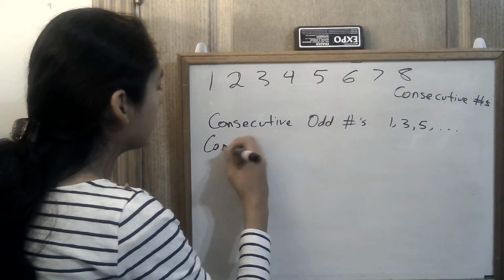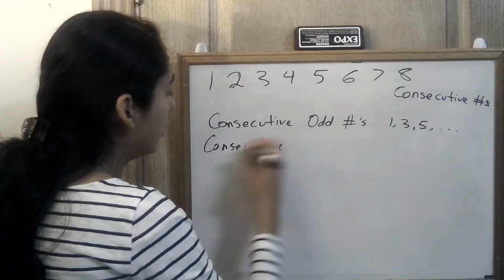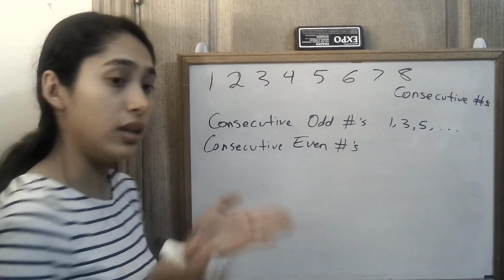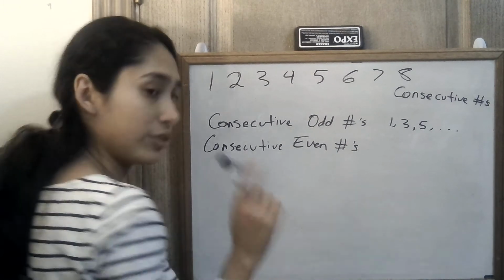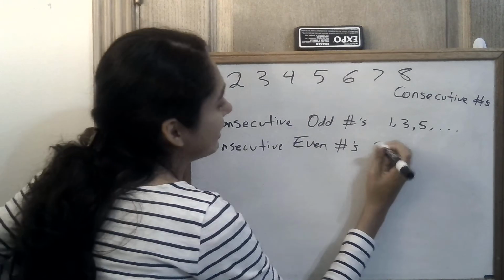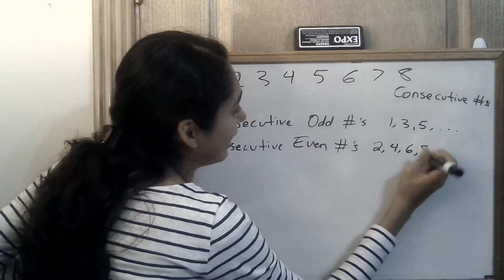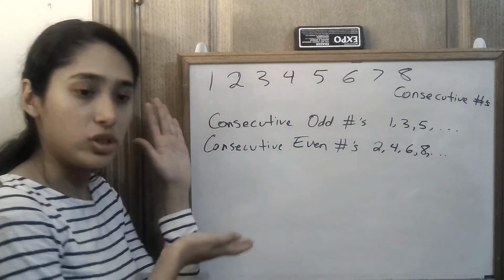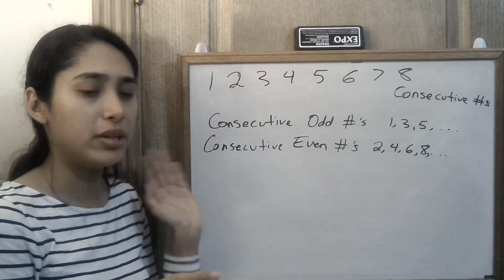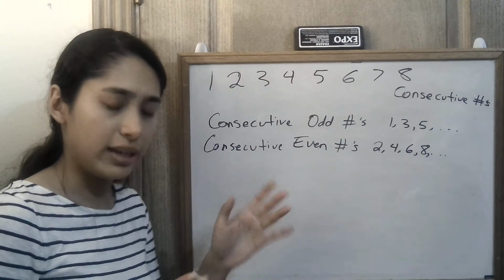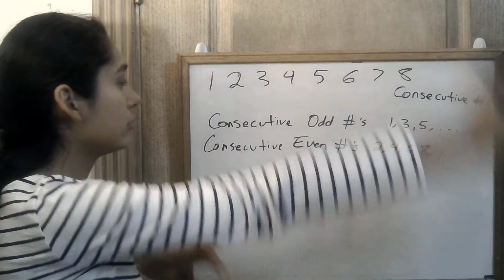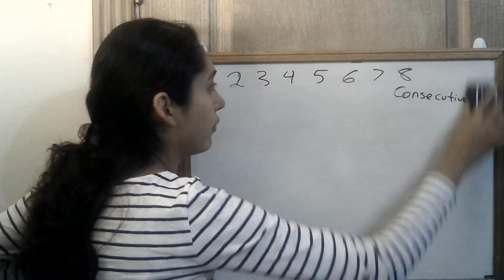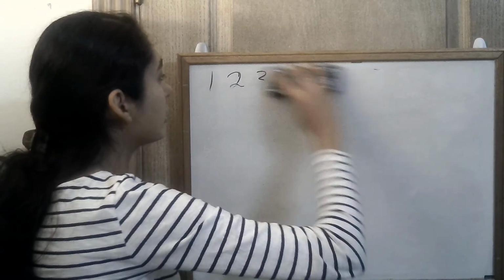If I'm talking about consecutive even numbers, even means it's a lovely pair, like shoes go together, or socks: 2, 4, 6, 8, and so on. Just a little bit of background knowledge, because we're going to be using this vocabulary word in our next problem.